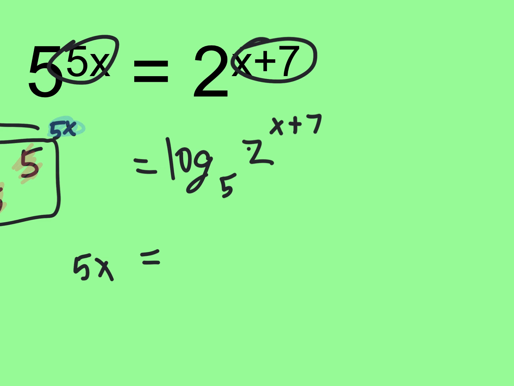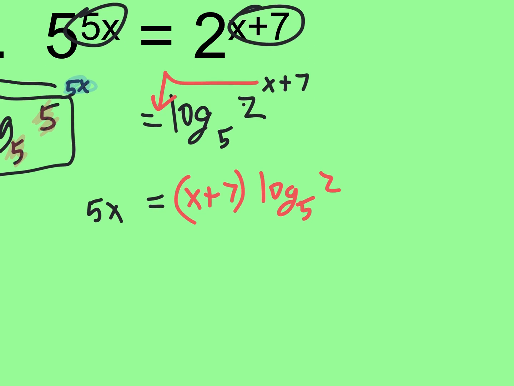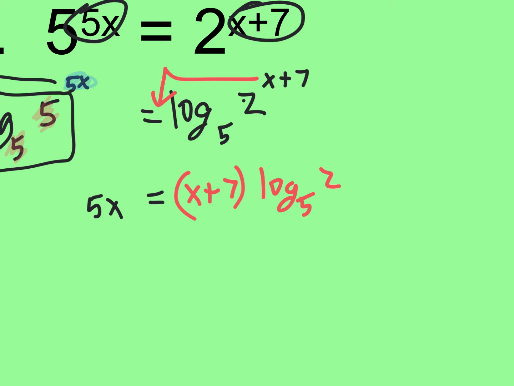In front of the log. That goes down in front. x plus 7. Now note, I'm putting it in parentheses. Otherwise, only the 7 would be times the log base 5 of 2. And we don't want that. So I put that in parentheses. One of those things where you pre-calc kids have to really be careful with your parentheses and negatives.